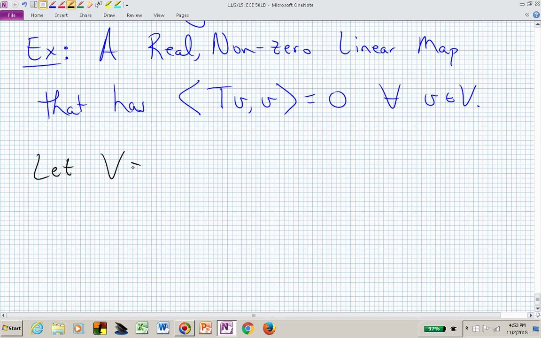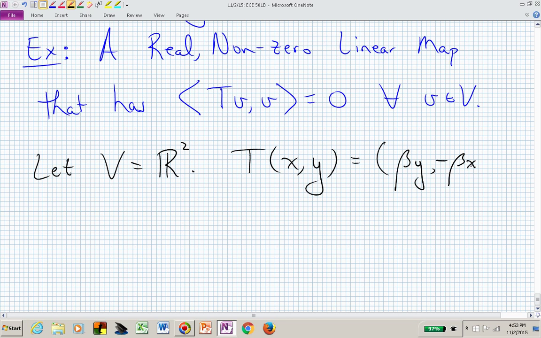Suppose we let V be R2. And now let's just say that T(x, y), this linear map, is (beta y, minus beta x).